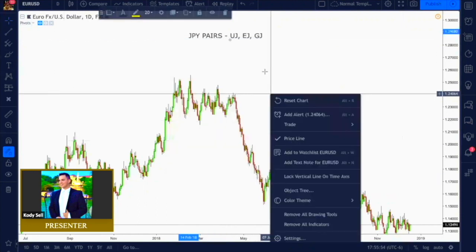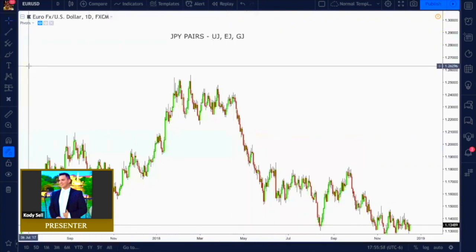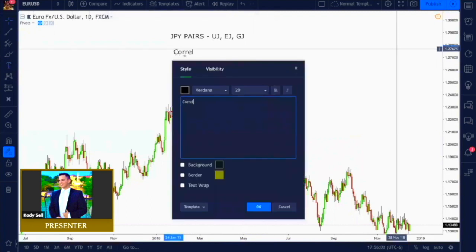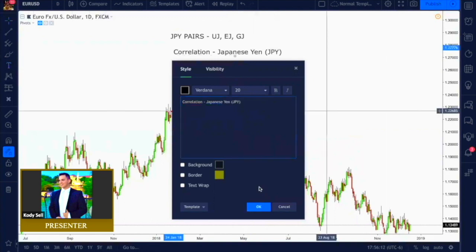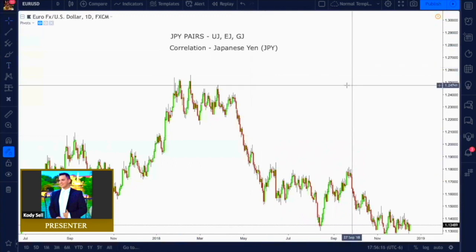All right, and let's say that we have determined using correlation, correlation has told us that we want to trade the yen, the Japanese yen or JPY. So we've used correlation and determined that we want to trade specifically the Japanese yen for whatever reason.